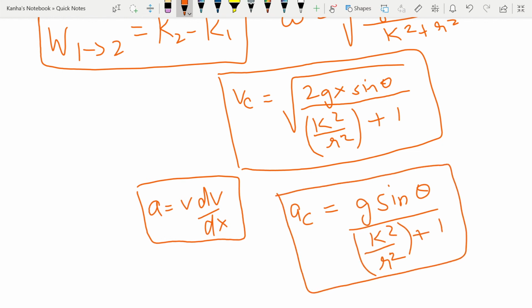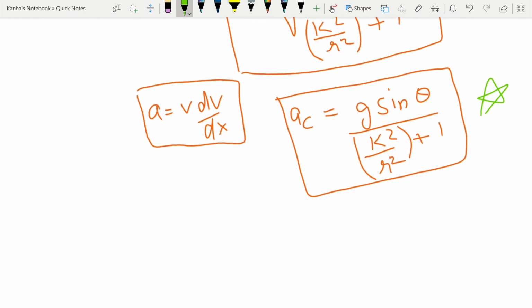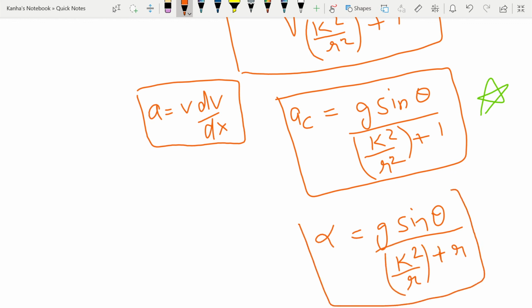I ask you to make a note of these because a similar problem will come multiple times, and note that the acceleration is independent of your coordinate x. Similarly, you can find your angular acceleration as well, and this is equal to g sin theta divided by (k square by r plus r). You can easily make a short note on these two values.